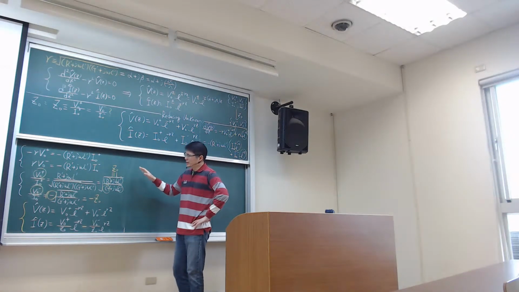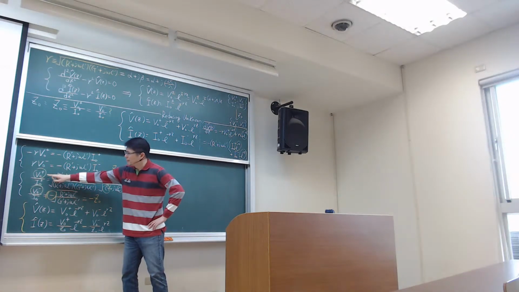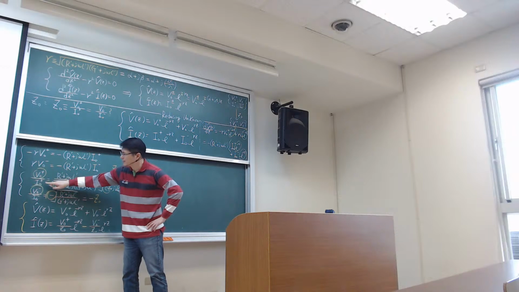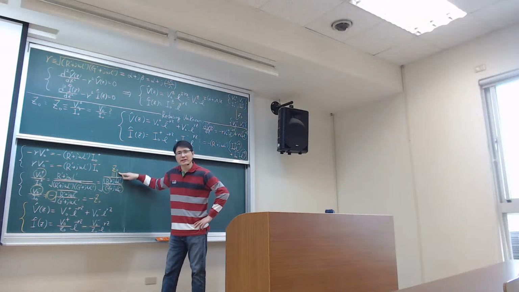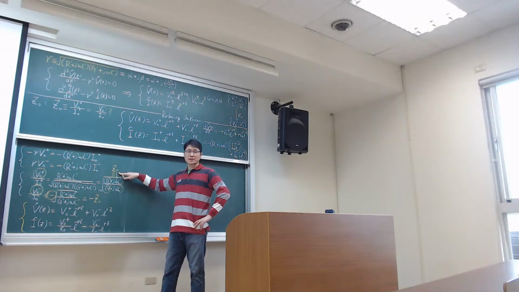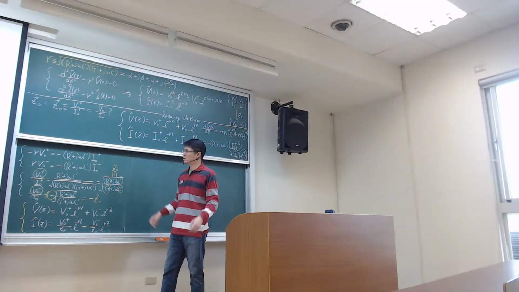But now the issue is the positive voltage divided by the positive current amplitude is indeed the characteristic impedance. It's provided for you. It's a transmission line parameter.